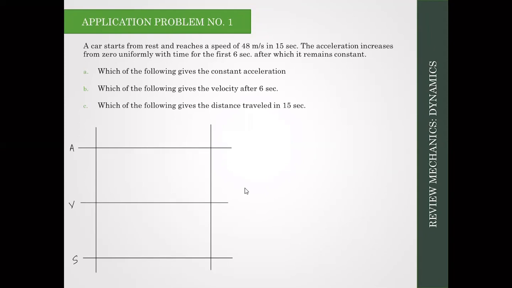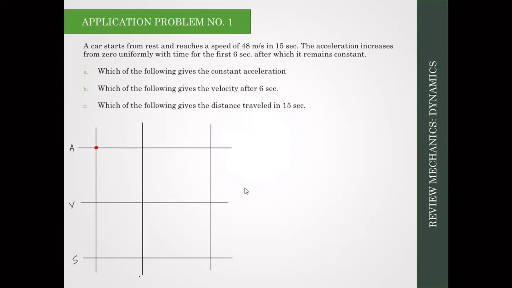The car starts from rest and reaches a speed of 48 meters per second in 15 seconds. The acceleration increases from 0. Okay? So, from 0 yung acceleration natin. Okay? And then, uniformly with time for the first 6 seconds. Okay? So, lagyan natin ng additional.